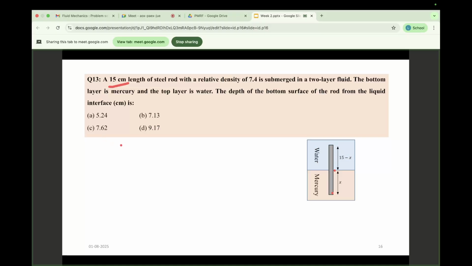Again, this is the concept of Archimedes principle. From this Archimedes principle, the weight of the rod is equal to the buoyant force for water plus the buoyant force for mercury, because some portion of it is deep in water and some is in mercury.